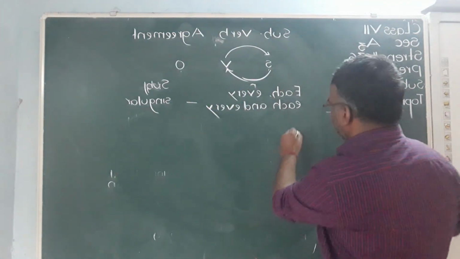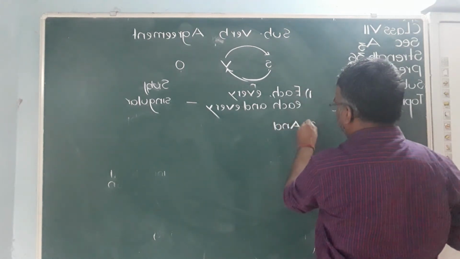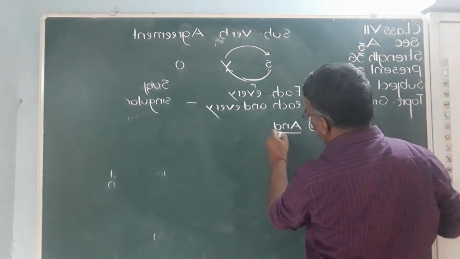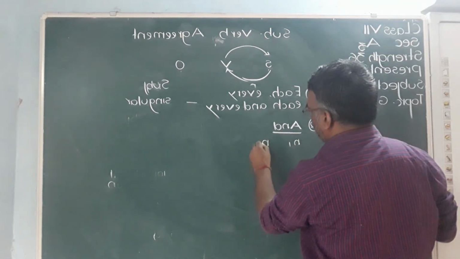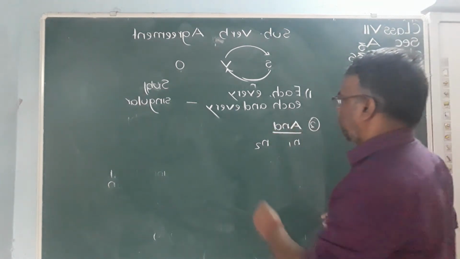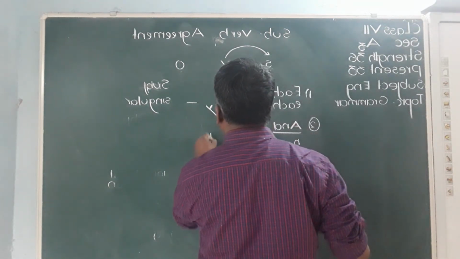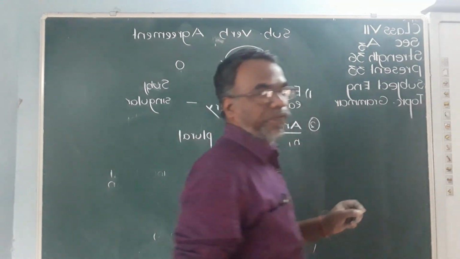Now, when two nouns are joined, this is case 1. In the second case, when two nouns, N1 and N2, are joined with the help of the conjunction and, the subject becomes plural, and hence a plural verb is to be supplied.